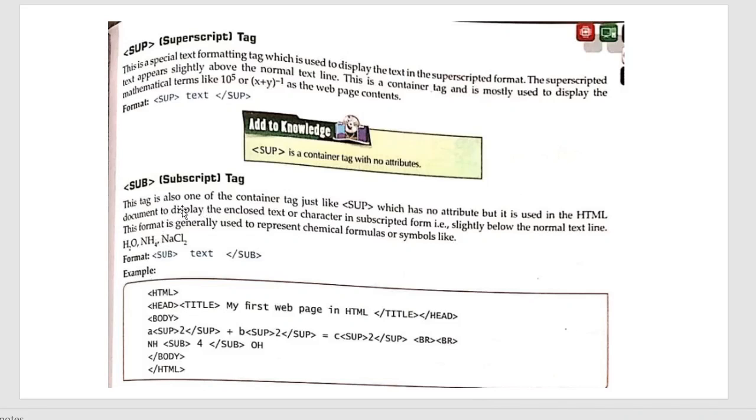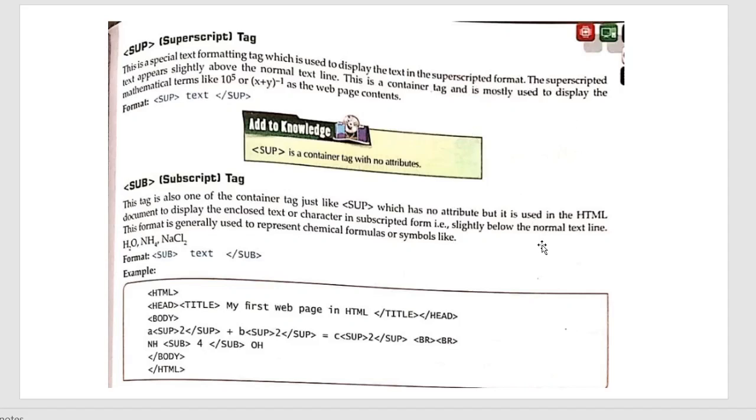This is one of the container tags, just like SUP, which has no attribute, but it is used in an HTML document to display the enclosed text or character in subscripted form. That is slightly, this is important. Everyone underline this line: slightly below the normal text line. SUP is slightly above the normal text, and SUB is below the normal.